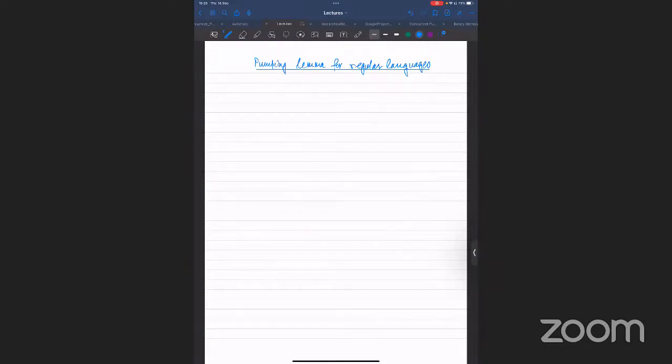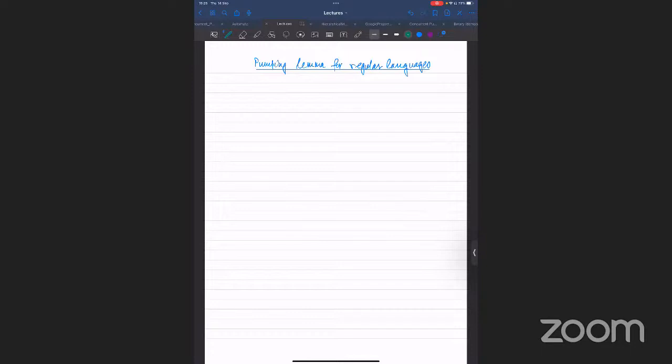Now we are going to talk about something called the pumping lemma, which is a generic way to show that a language is not regular.